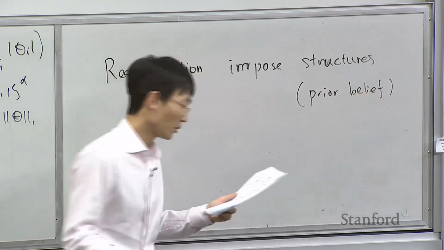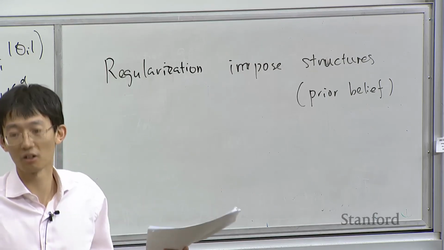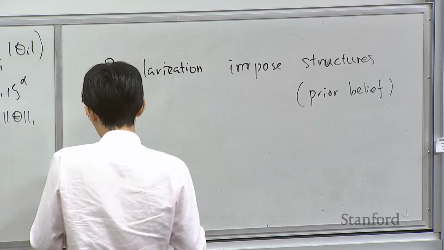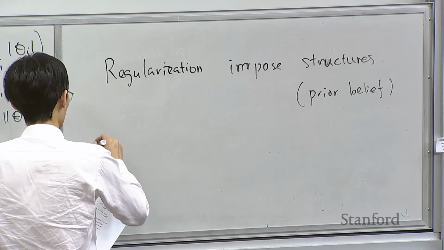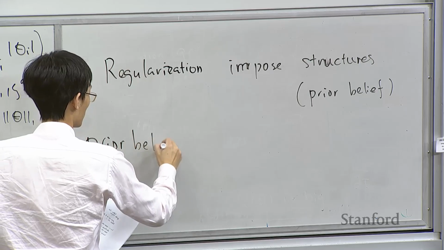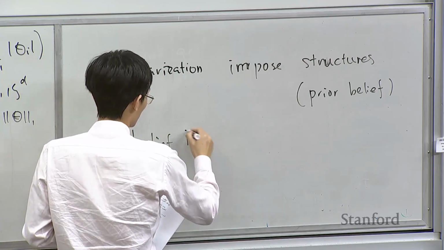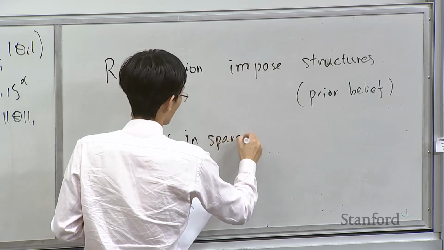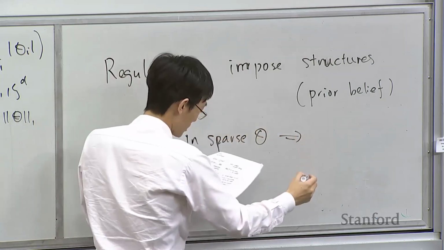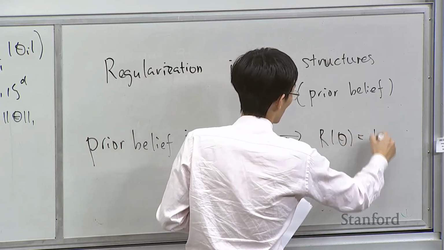So for example, suppose you have a prior belief because of domain knowledge, such that you believe that theta is sparse. Then in this case, you should just use R of theta as the 1 norm or the 0 norm.